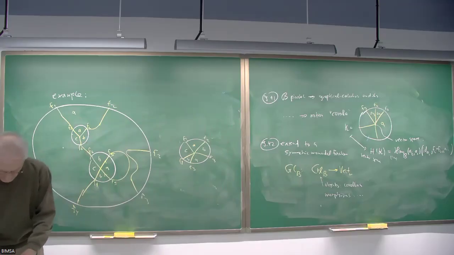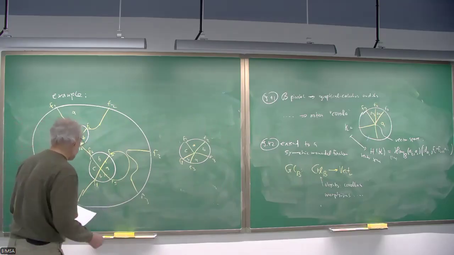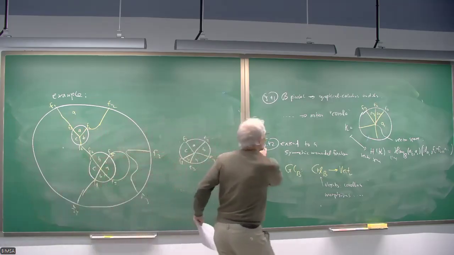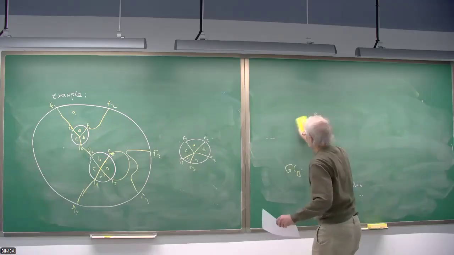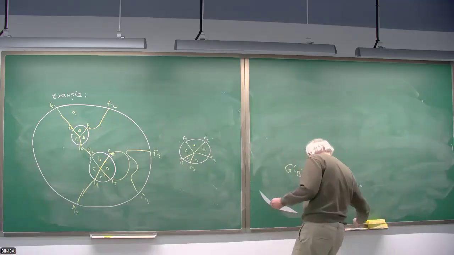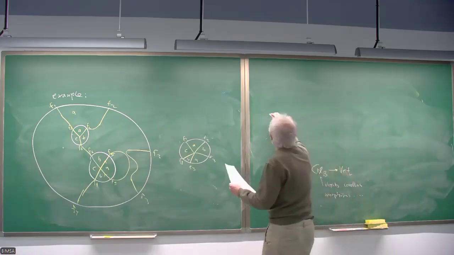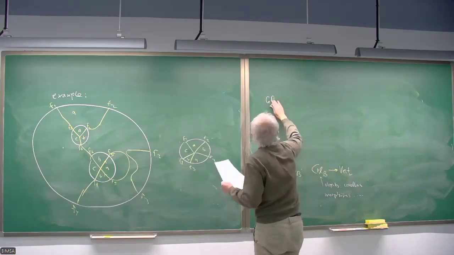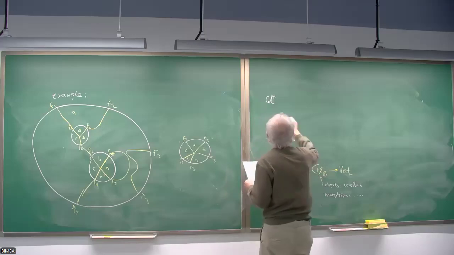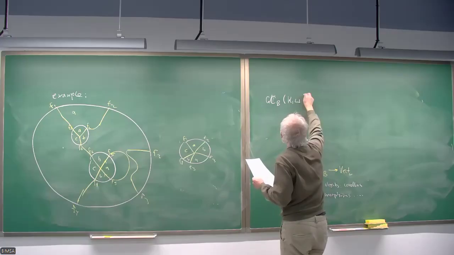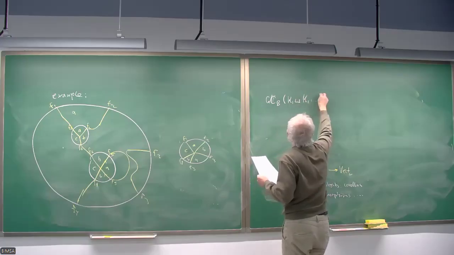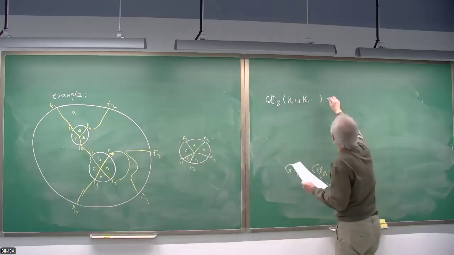Now, what about the functor? An object. This is easy. I have a disjoint union of finitely many corollas.